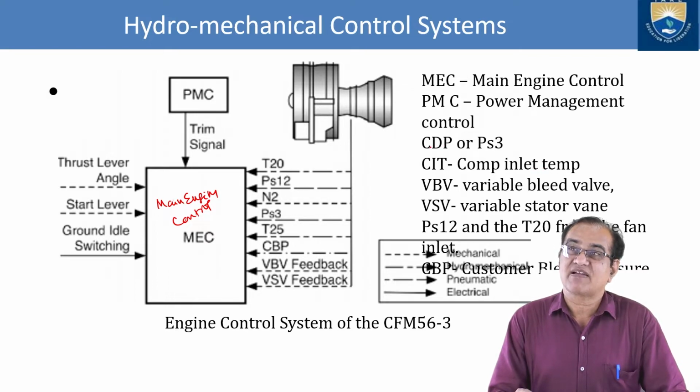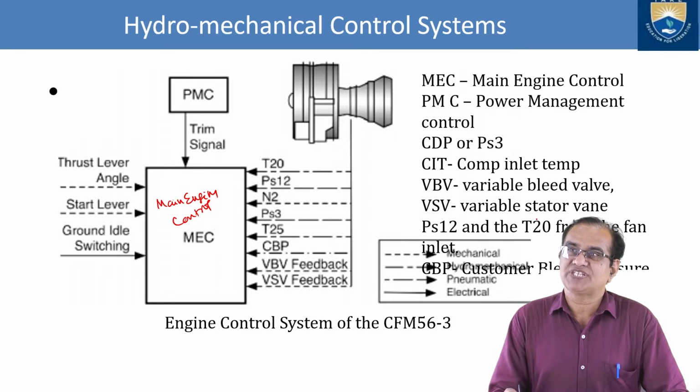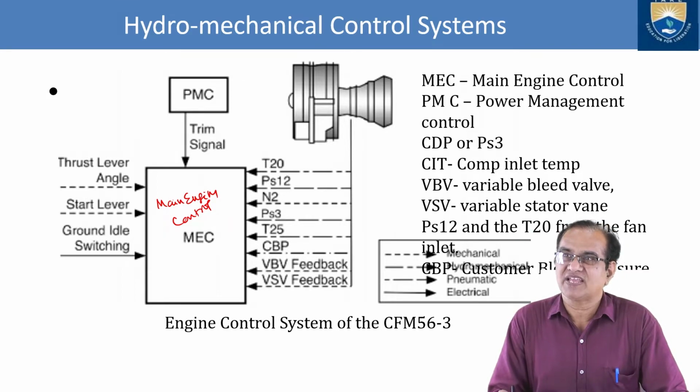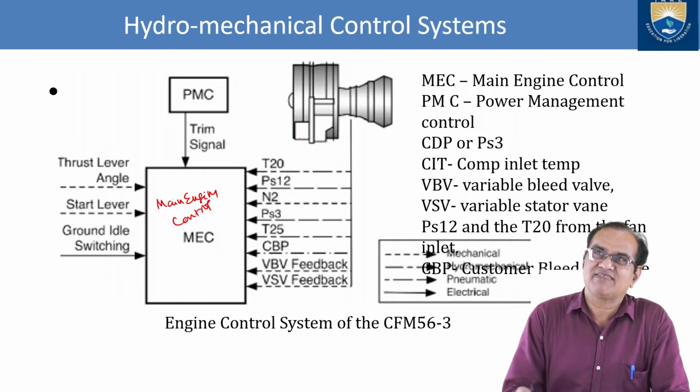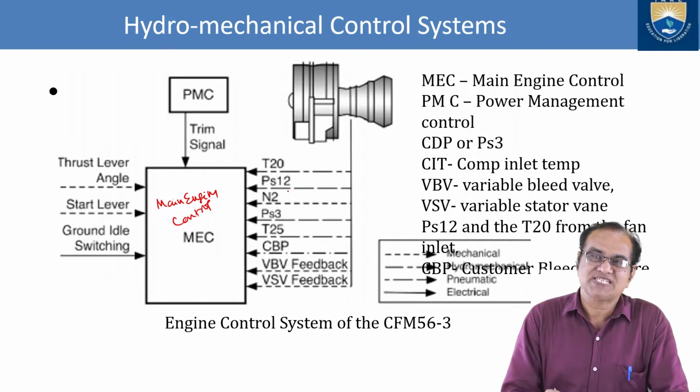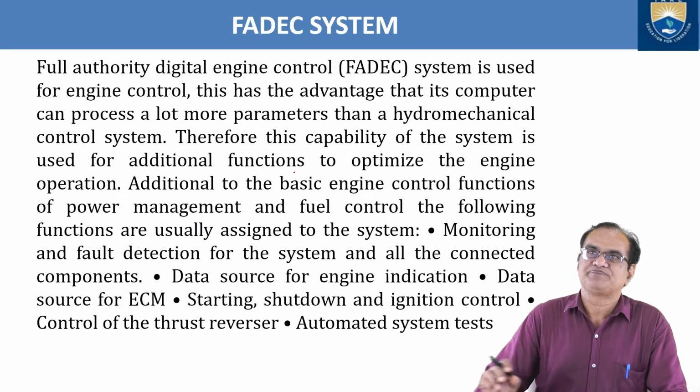PS3 is the compressor delivery pressure. VBV is the variable bleed valve. VSV is the variable stator vane. PS12 and the T20 are taken from the fan. So these abbreviations which are given, these all are the sensors. These sensors take the signals from the respective places.